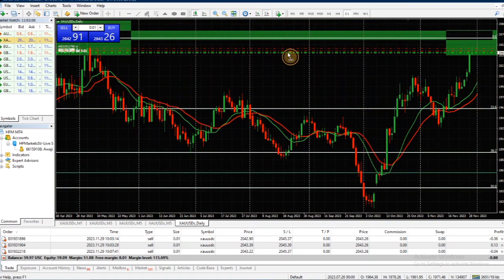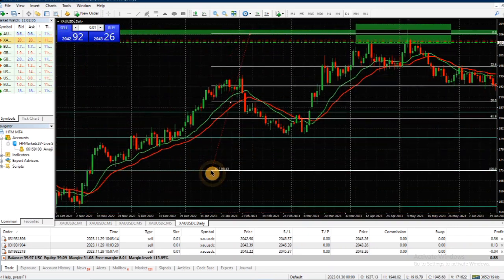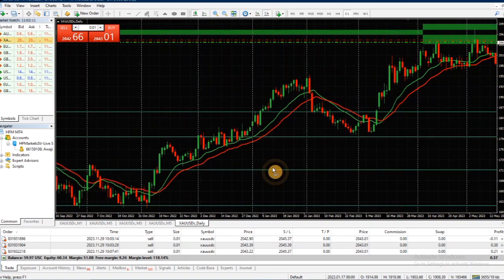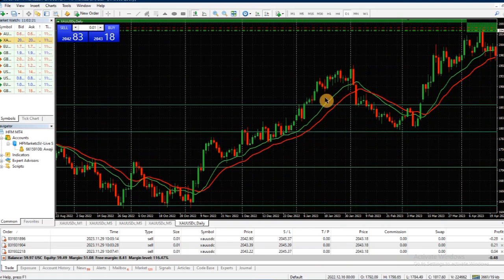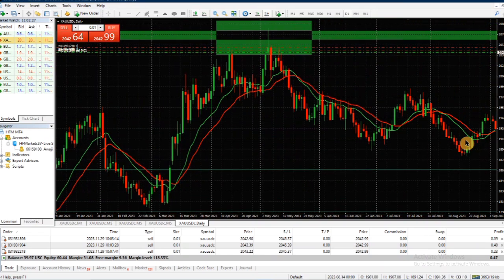The same thing if you keep going back, you see the same thing here. When the market tried to move a little bit downward, you have another strong movement upward. So this is overall uptrend movement.